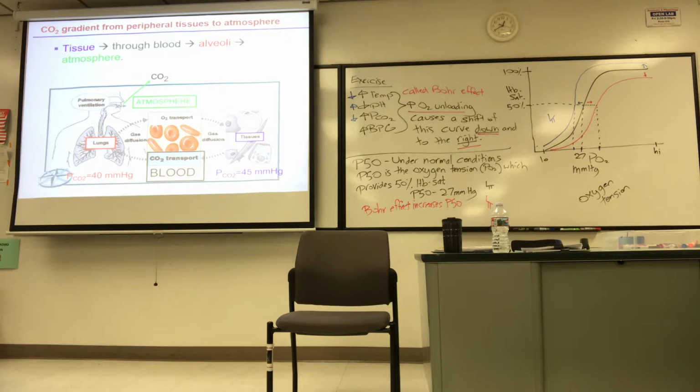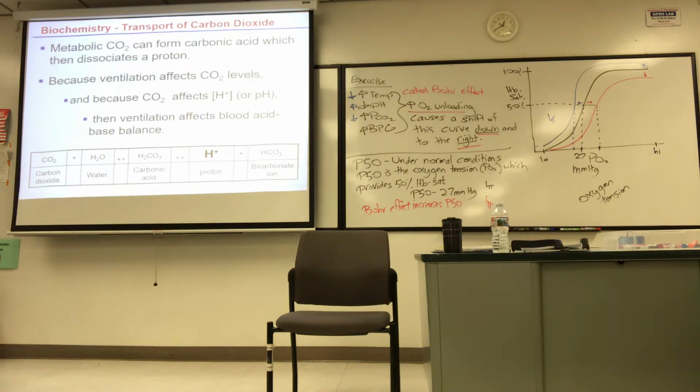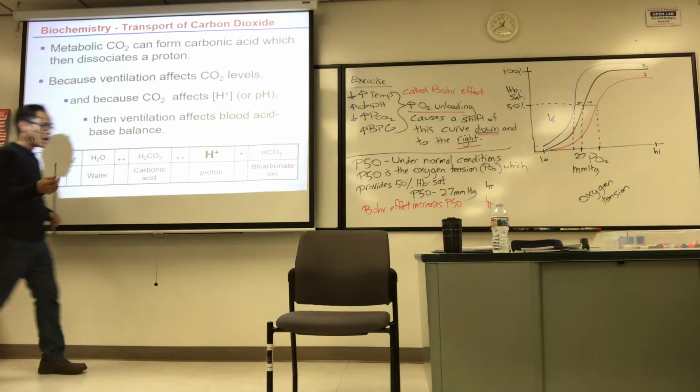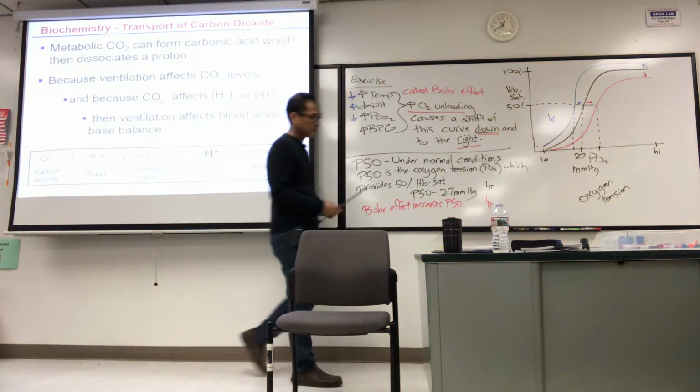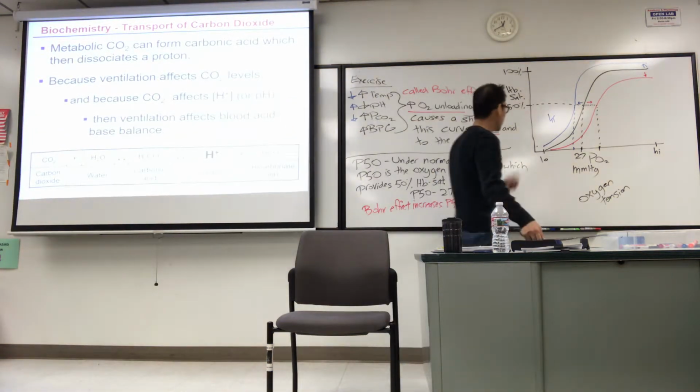Now, one biochemistry equation to know for CO2 is this one here, because the carbonic acid, CO2 can affect the pH of the blood. So let me clear this off.